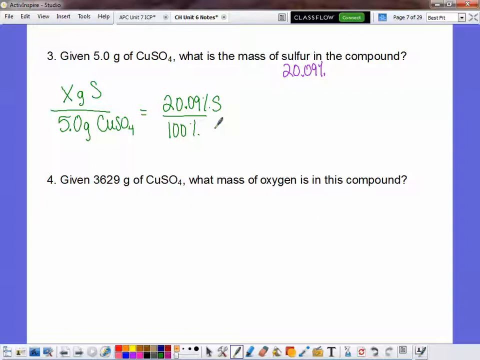So if the units and labels throw you off, think of it as this. X over 5, we'll keep sig figs, X over 5 equals 20.09 over 100. How do I solve for X?